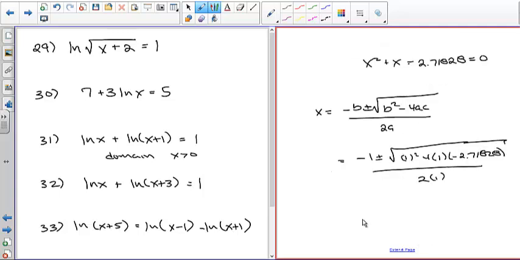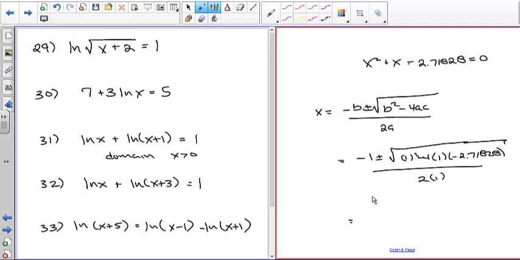And what you see, if I take the negative square root, I'll get negative numbers. So I'm going to take the positive square root because that'll give me values in the domain. So in the square root, I'll have 1 squared minus 4 times 1 times that. Okay, so the negatives will cancel out. I have 1 plus 4 times 2.71828, and then I take the square root of that.